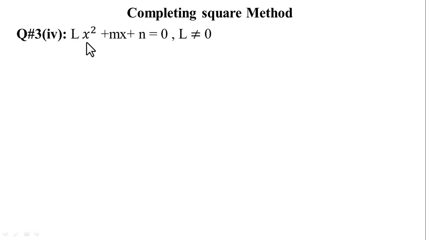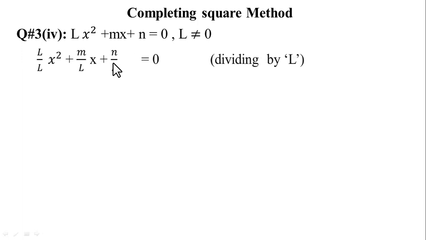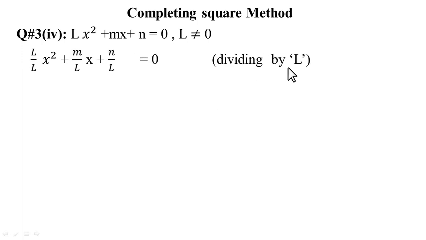Here, this is a general quadratic equation, where L is not equal to 0. First of all, first step, we make the coefficient of x square 1. Now we divide by L on both sides.